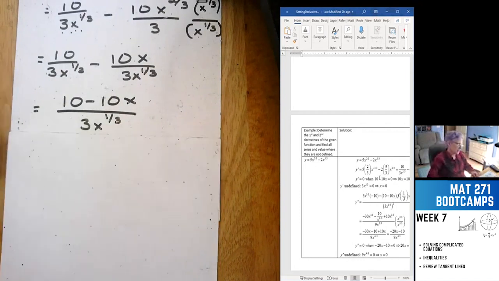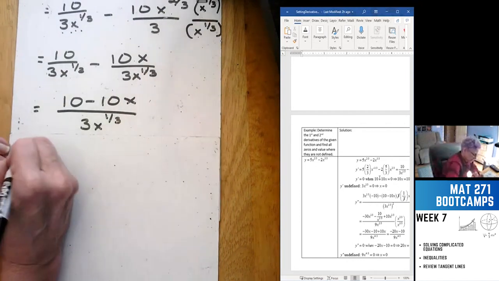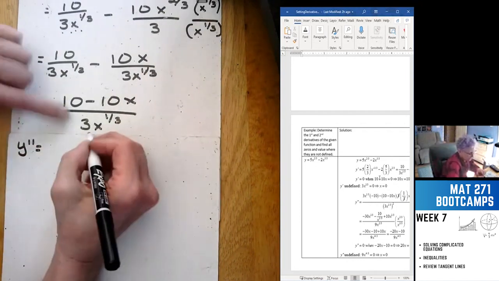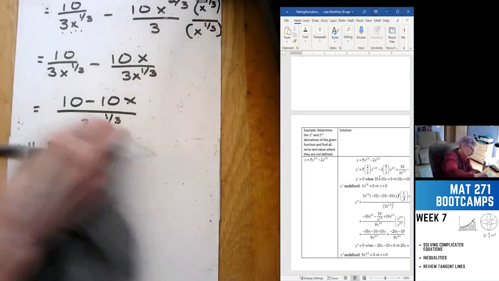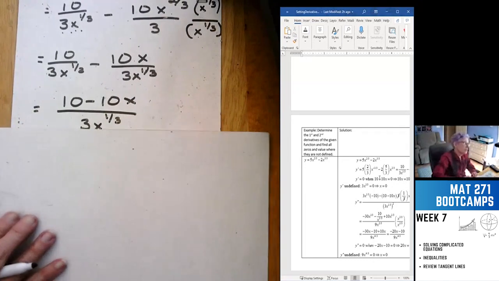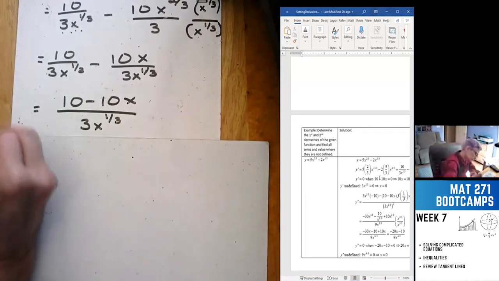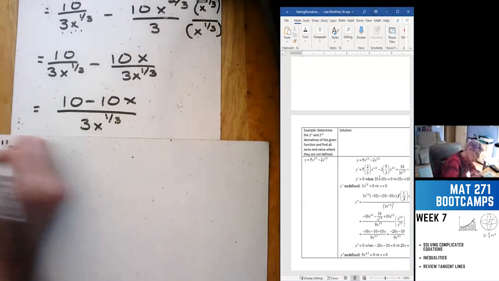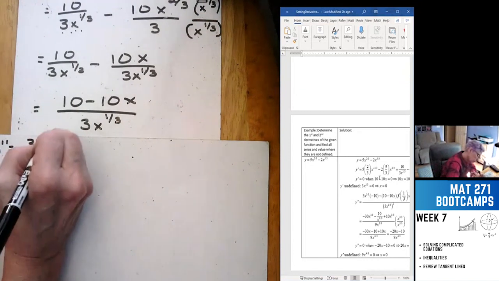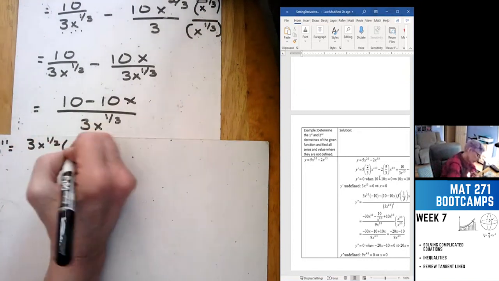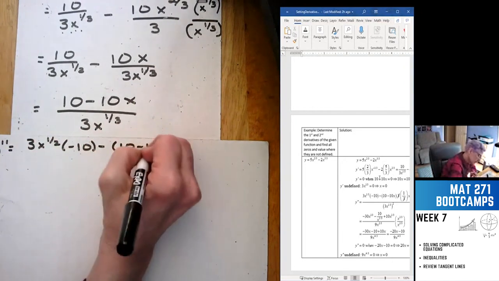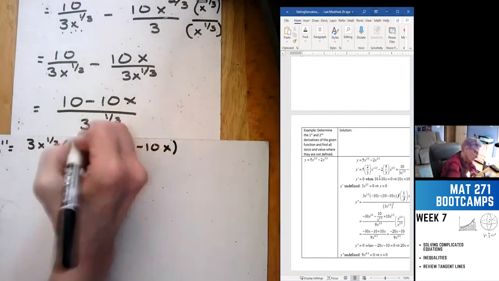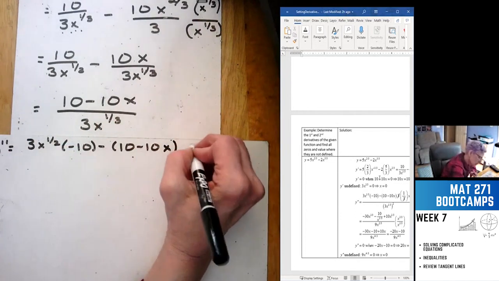Now, let's see if I can do the second derivative correctly this time. Low, and I'm going to go ahead and turn my board sideways because I write too big. Low, d high, less high, d low, don't lose my 3.